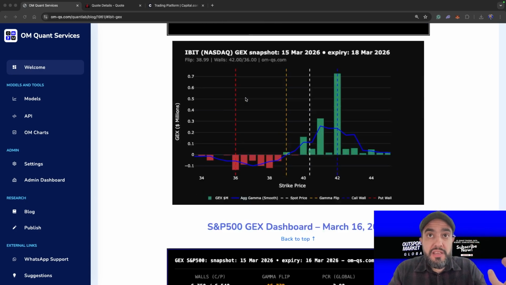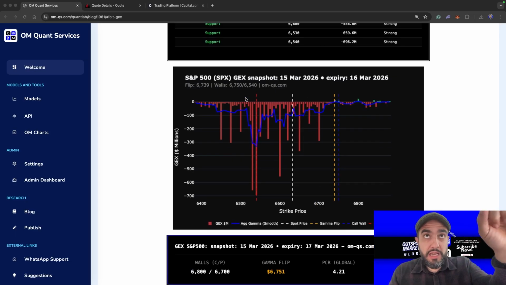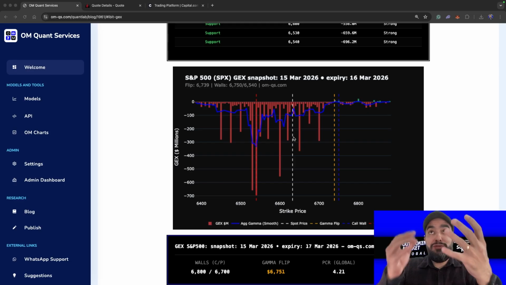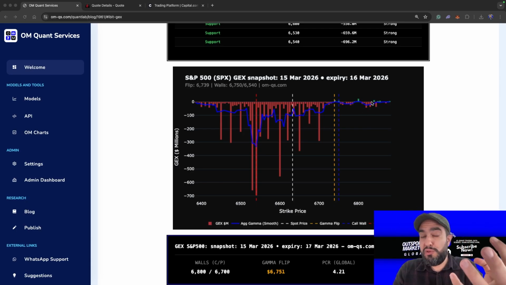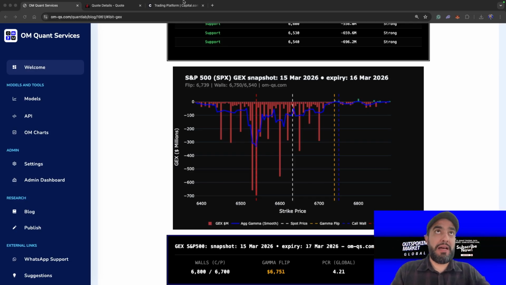And the proof is that we are checking the same gamma profile chart for the S&P 500, and we essentially don't see any green bars for this expiration. I mean, there are a few over here, but they are pretty small. The predominant regime is negative gamma, meaning high volatility, acceleration of movement, and this movement could be up or down.